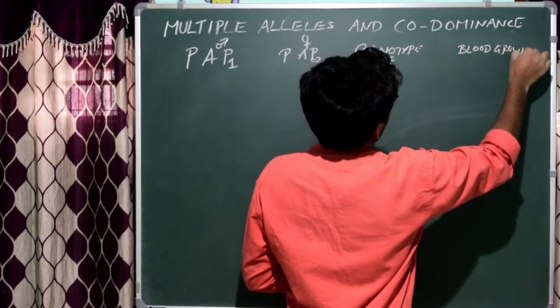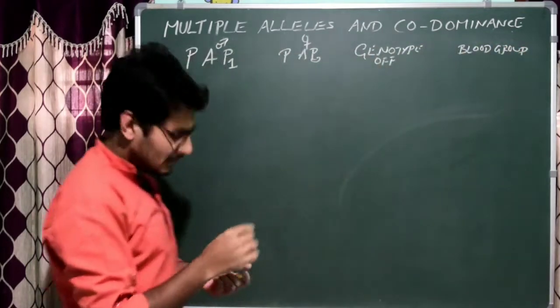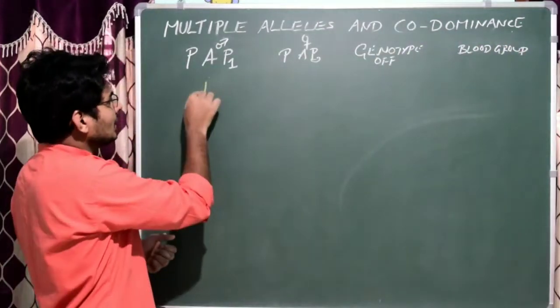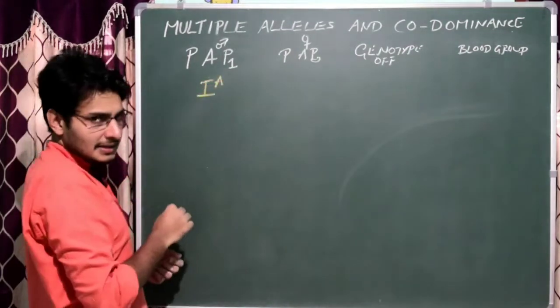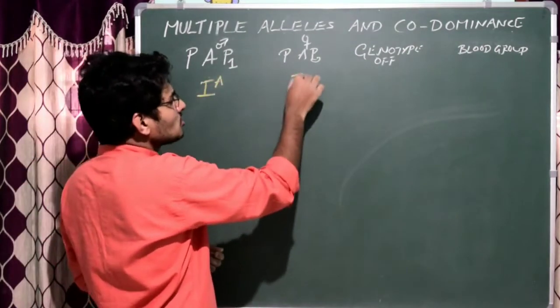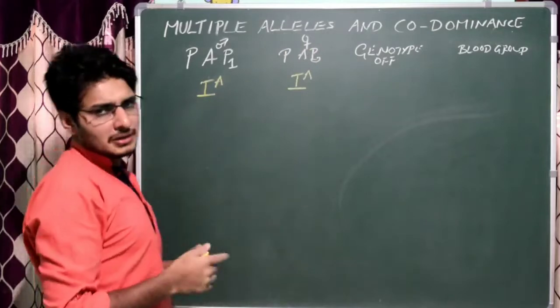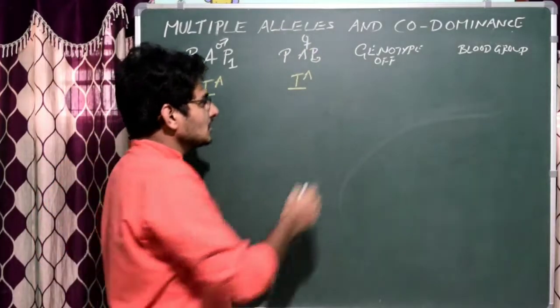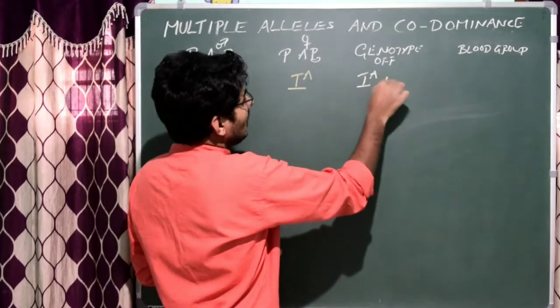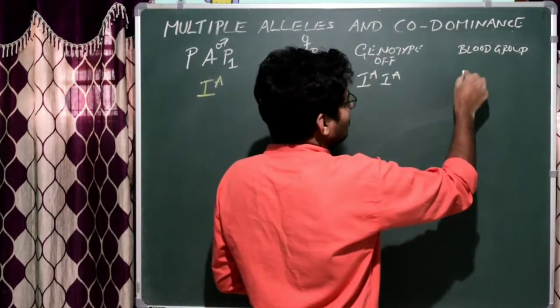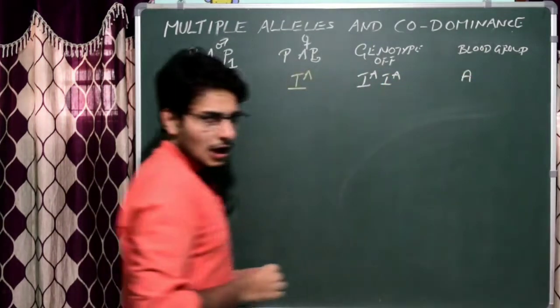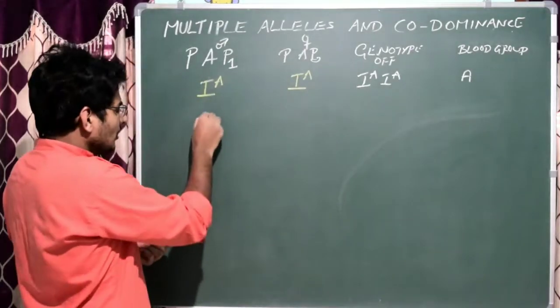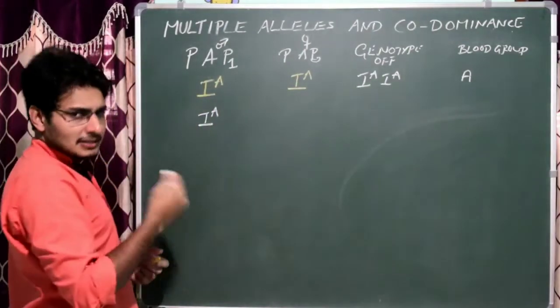Let us see. Let us assume that the allele given by the father is IA, and the mother's allele is also IA. Then obviously the genotype will be IA IA, and the blood group will be A. Now I am going to write another possibility.